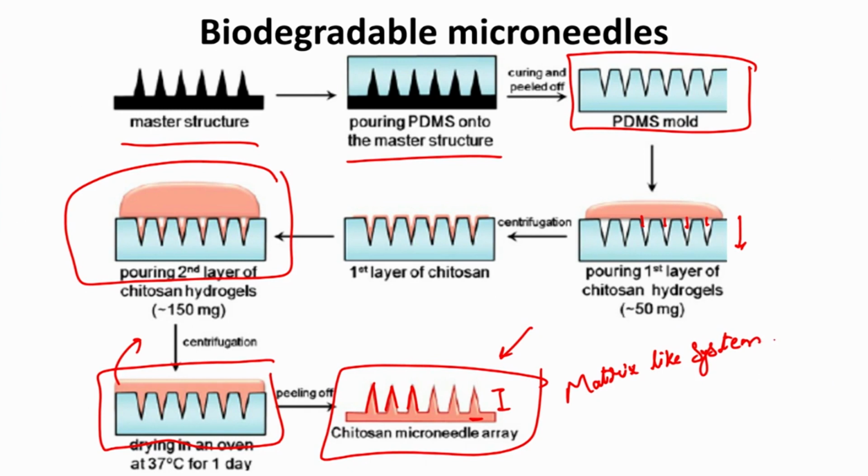And now you do not even have to worry about waste, right. This is no longer sharps anymore, because everything is going to degrade. Once you peel it off, all you have is a flat layer of polymer, which is again degradable. So you can just put it in water, or you can discard it in a much safer manner than you would with such a high amount of needles that is currently being done.